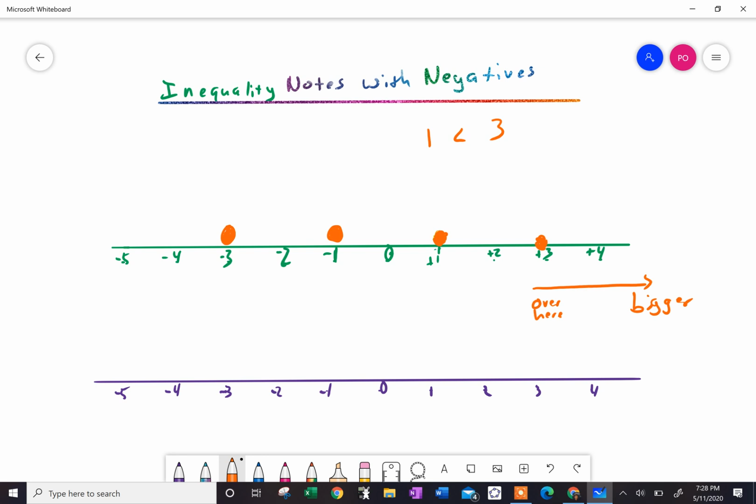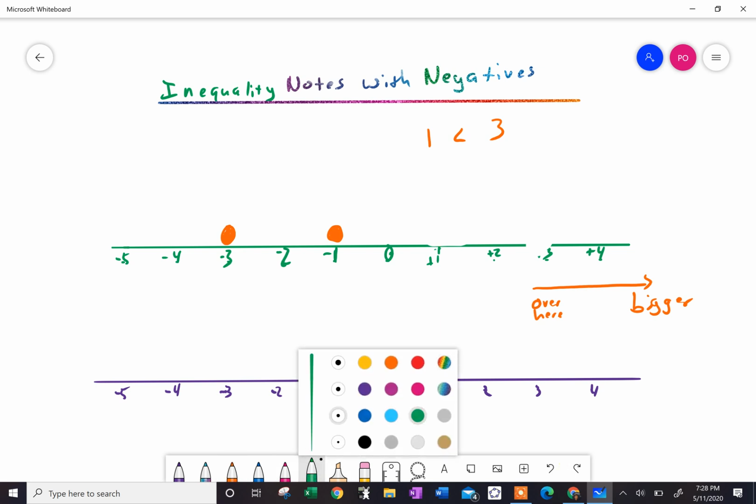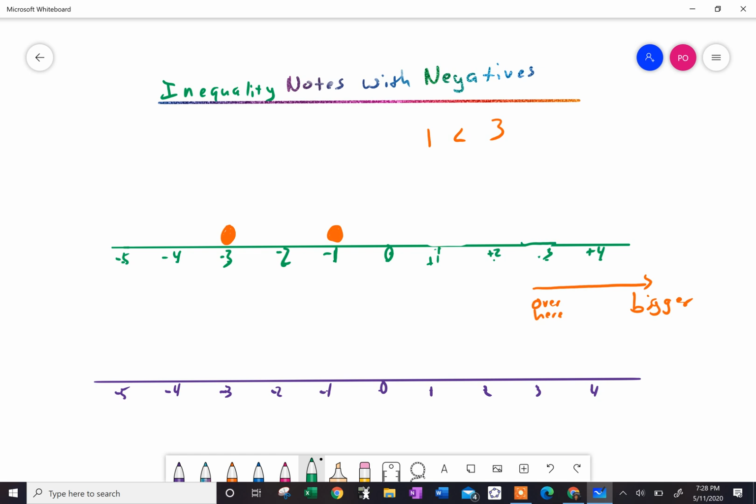And what I'm hoping you're going to notice is that as I do this, and I'm purposely slowing down a tiny bit, even though I told you I was going to go quick, -3 is over here, and -1 is over here. So -3 is less than -1. And I think that's kind of a curious thing to notice.